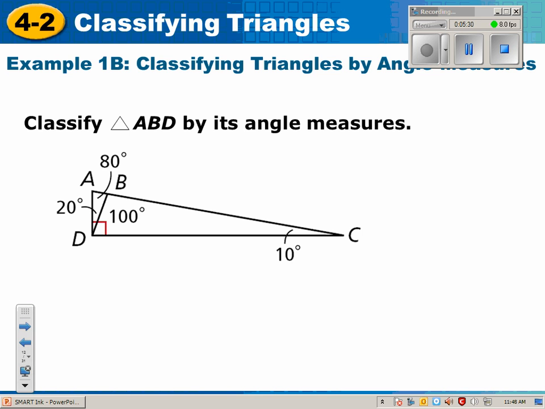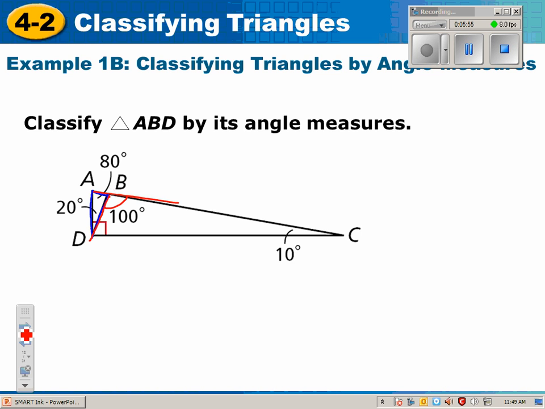What is ABD? Do we know all three angles in the picture? No, we know one of them's 80 and one of them's 20. How are we going to know for sure that this is acute and not right or obtuse? Okay, because we have a linear pair here.